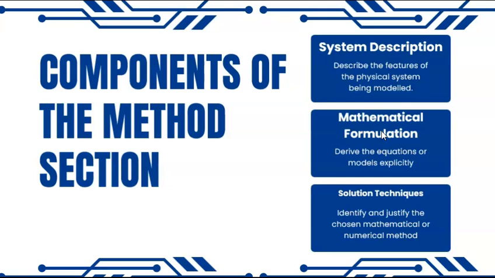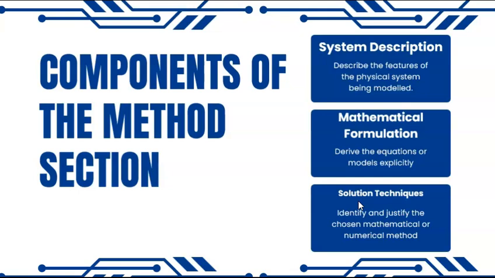The third component of the method section is the solution technique. Now, after you've put out the mathematical formulation, you want to put out the method of solution. You want to tell us, this equation we have put out, we're going to solve it analytically.